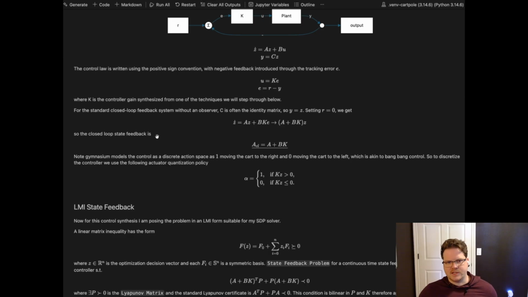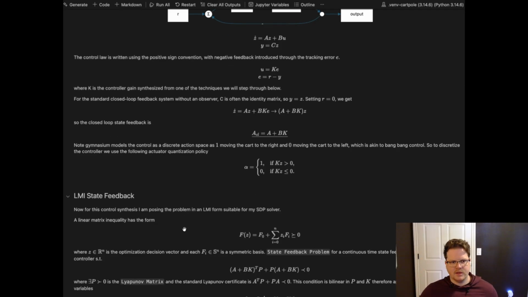So this is just a quantization step here, which I'll use when we actually simulate the Cartpole later on. So I put that in here, what this quantization is actually doing. If it's greater than 0, 1. If it's less than or equal to 0, 0. And that's what's going to be applied at that time step.